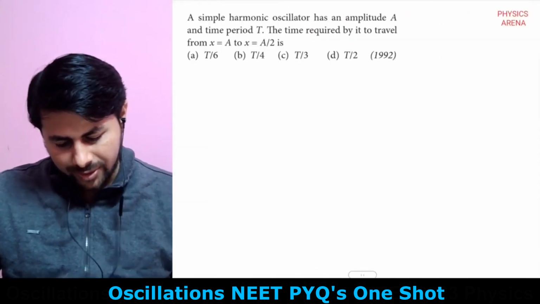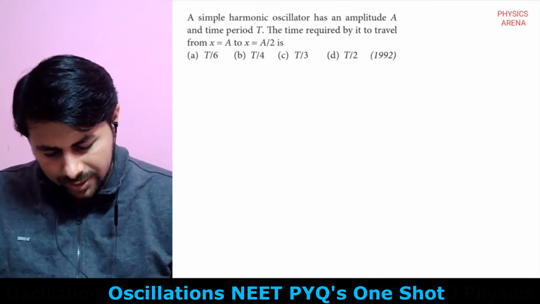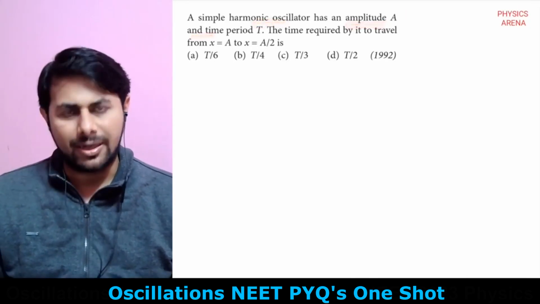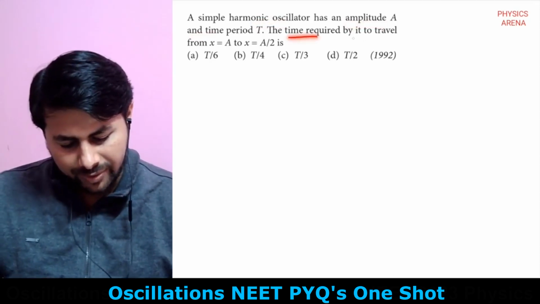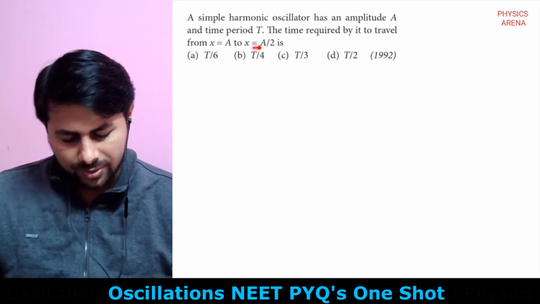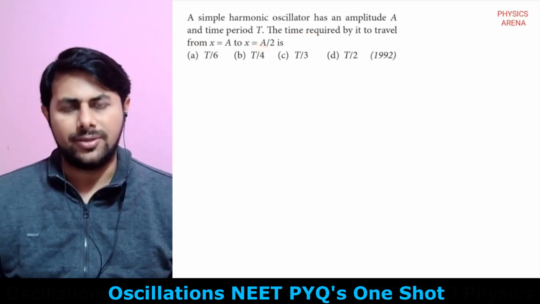All right. Next question. A simple harmonic oscillator has an amplitude A and time period capital T. The time required by it to travel from x equal to A to x equal to A by 2 is.